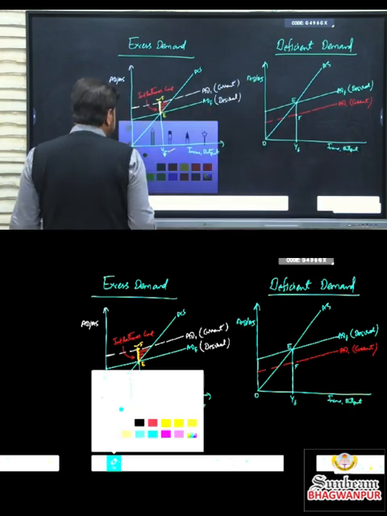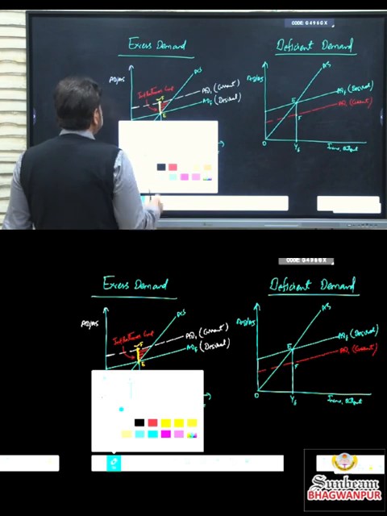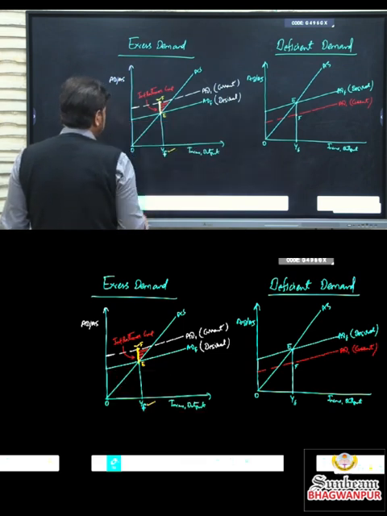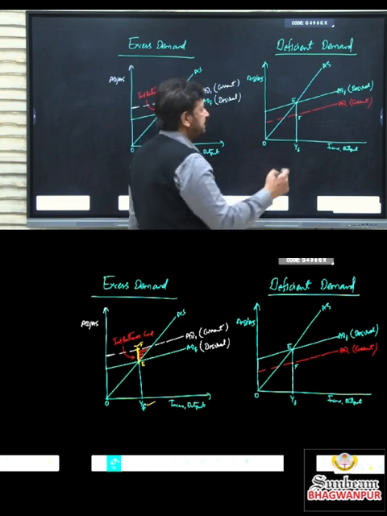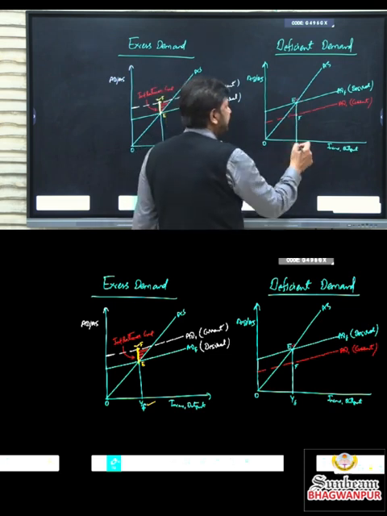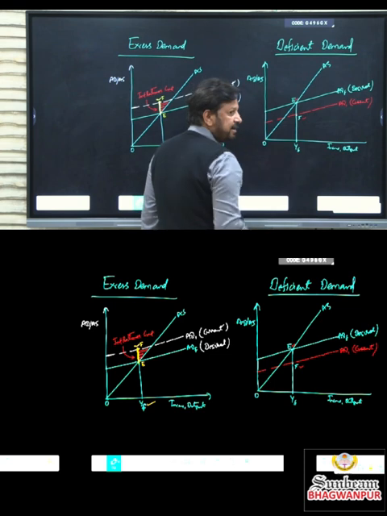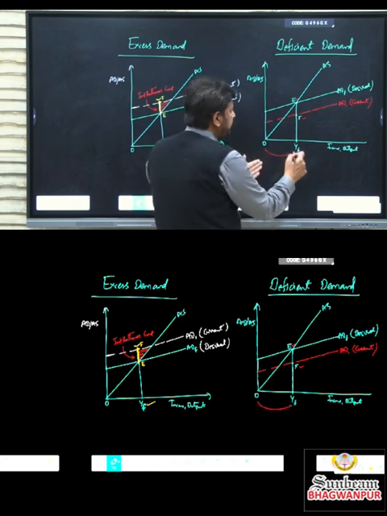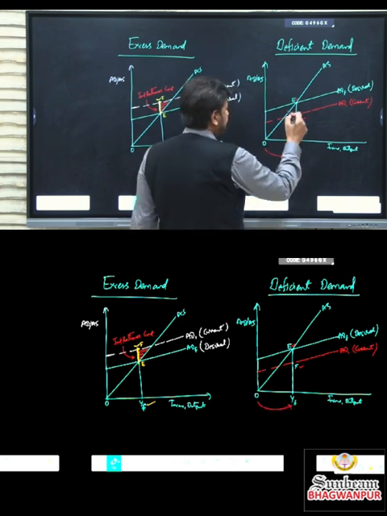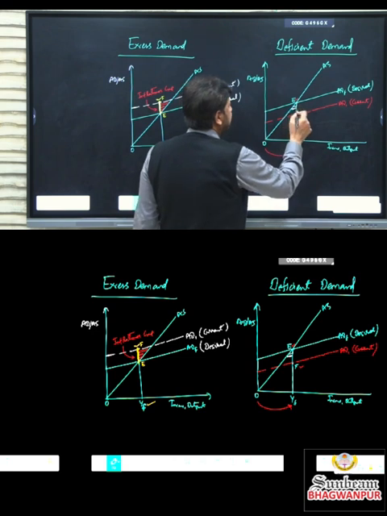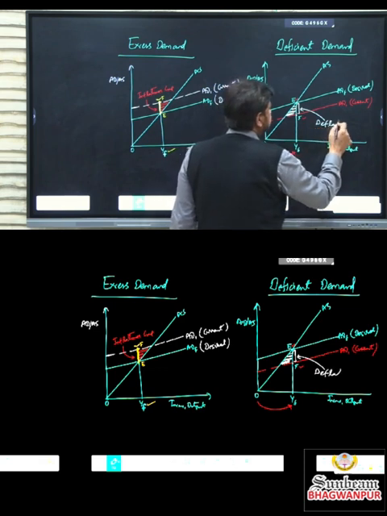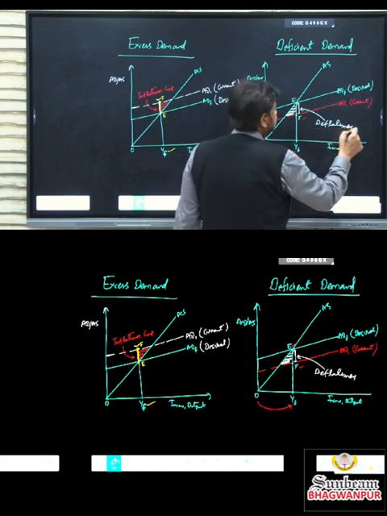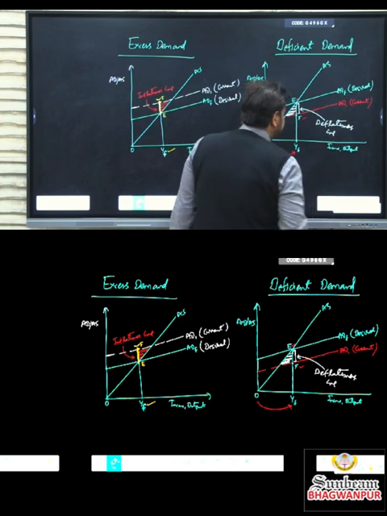So when there is deficient demand in the economy, you can see a gap between desired AD and current AD corresponding to the full employment level of income, and this particular gap is called the deflationary gap.